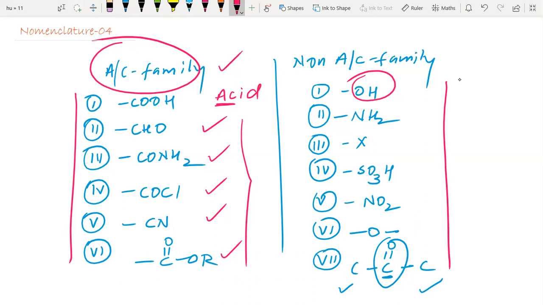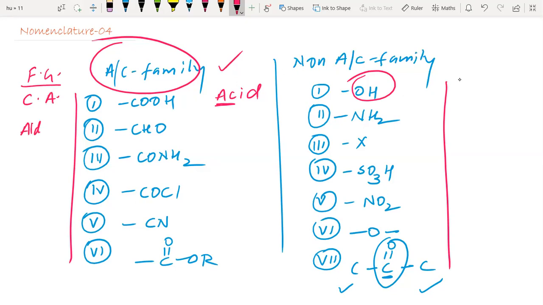Today we are going to see the nomenclature of the AC family, meaning the common name. We'll write the name of the class, or functional group. This functional group belongs to carboxylic acid.